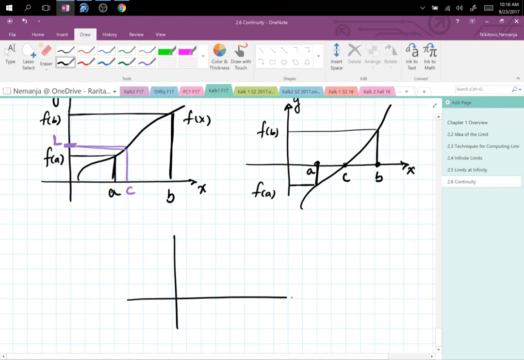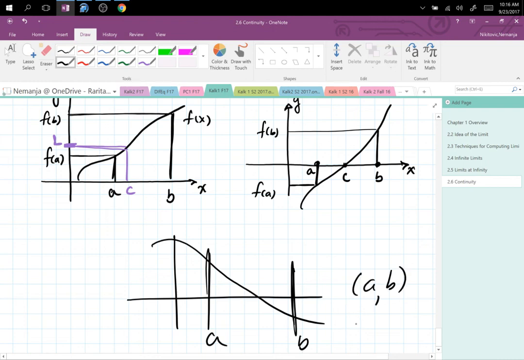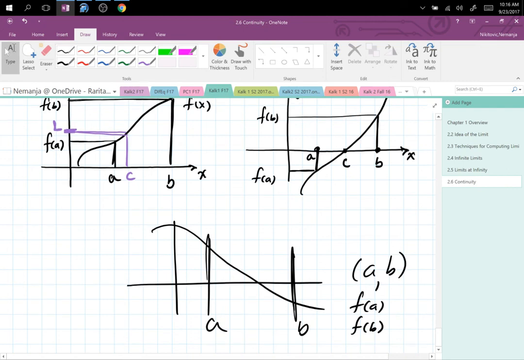Well, let me draw this. So let's say that's the function, and you pick this region as the A and B interval, and you compute f of A and f of B. You see that f of A will be positive, f of B would be negative, and that immediately means that the function had to cross somewhere between A and B.